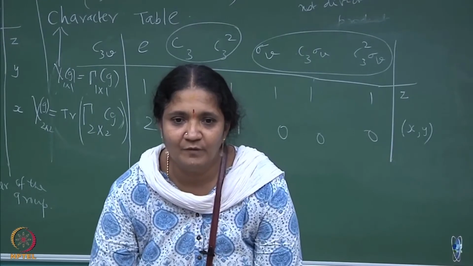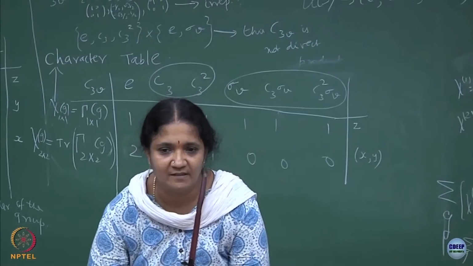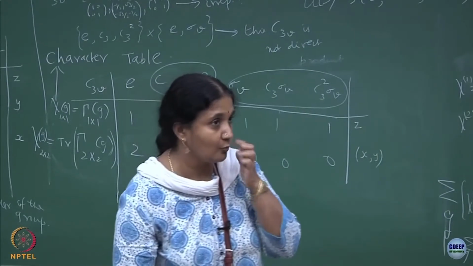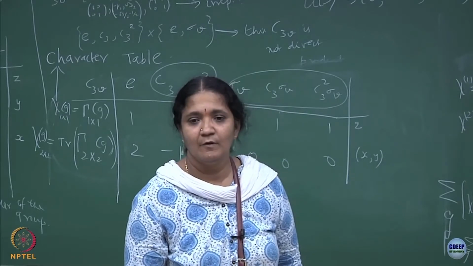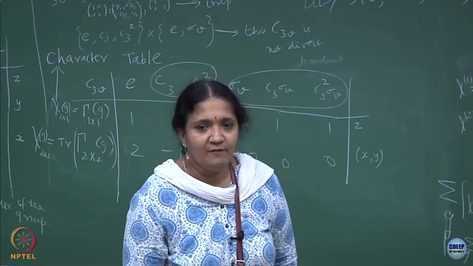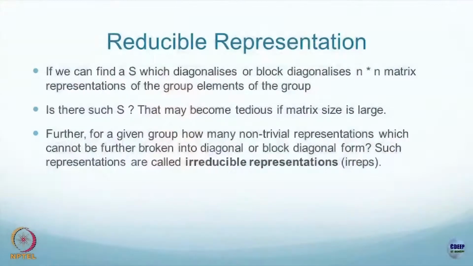So, if you remember, we wrote this 3-dimensional matrix representation. Can we find a matrix such that the above 3-dimensional can be brought to block diagonal form? I am saying the answer is no. Okay. If we find an S which diagonalizes or block diagonalizes an n cross n matrix, I am just repeating whatever I have put on the board.